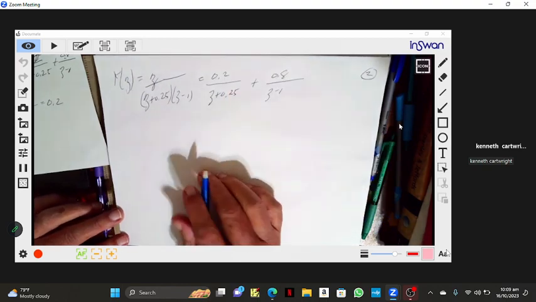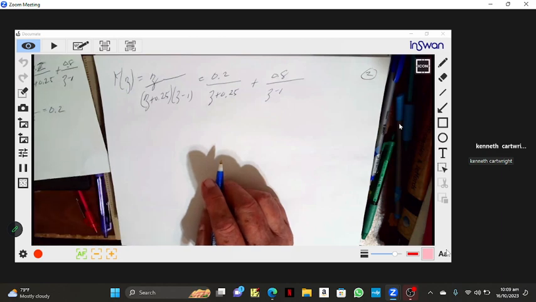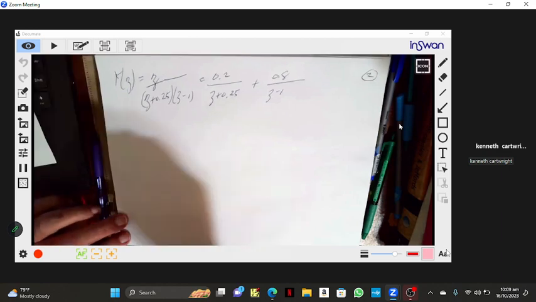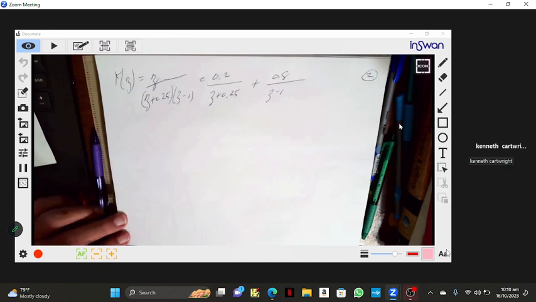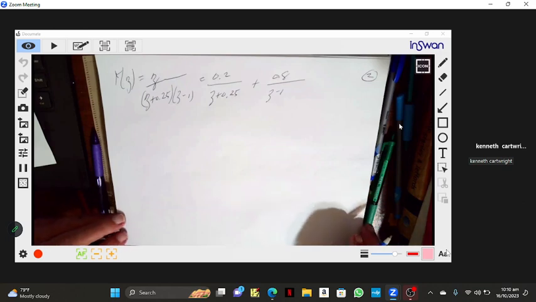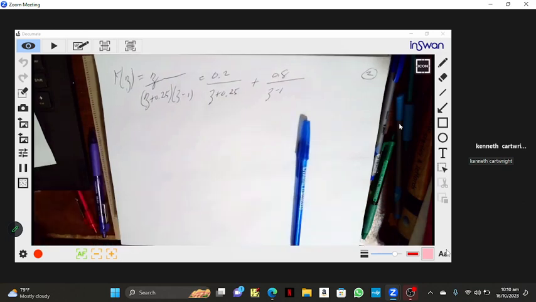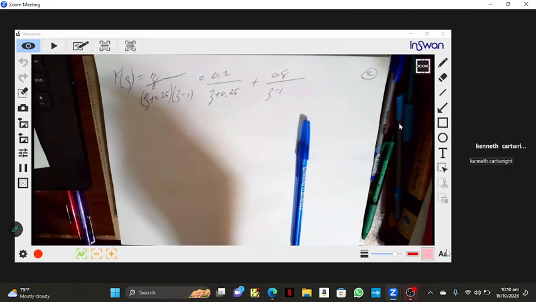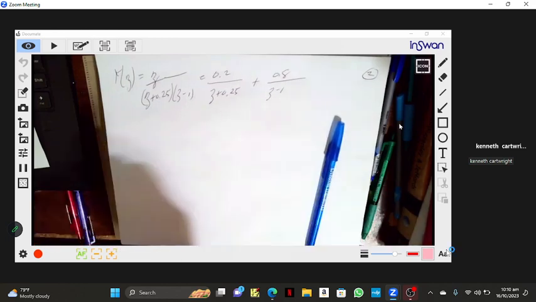Okay. So how do I find the inverse z of these two? What do I need? I see nobody's been practicing.